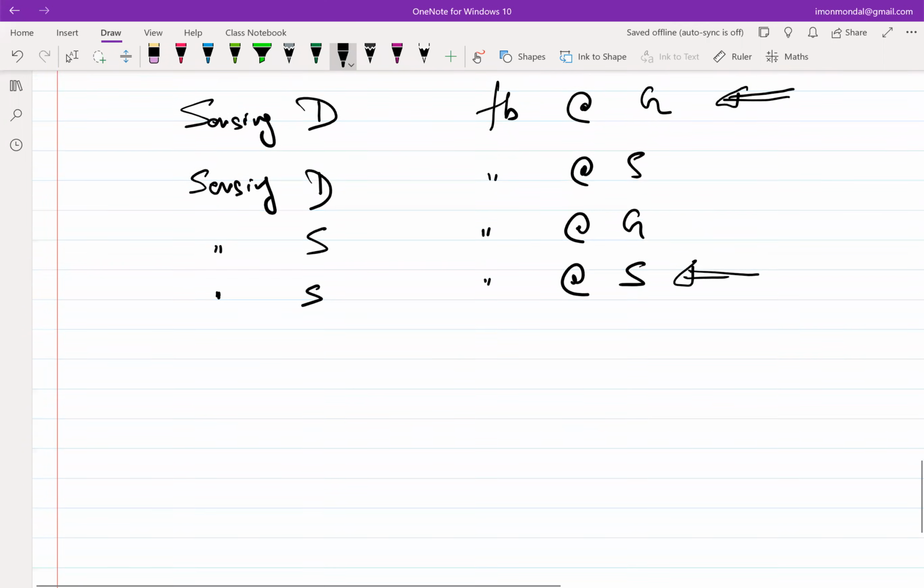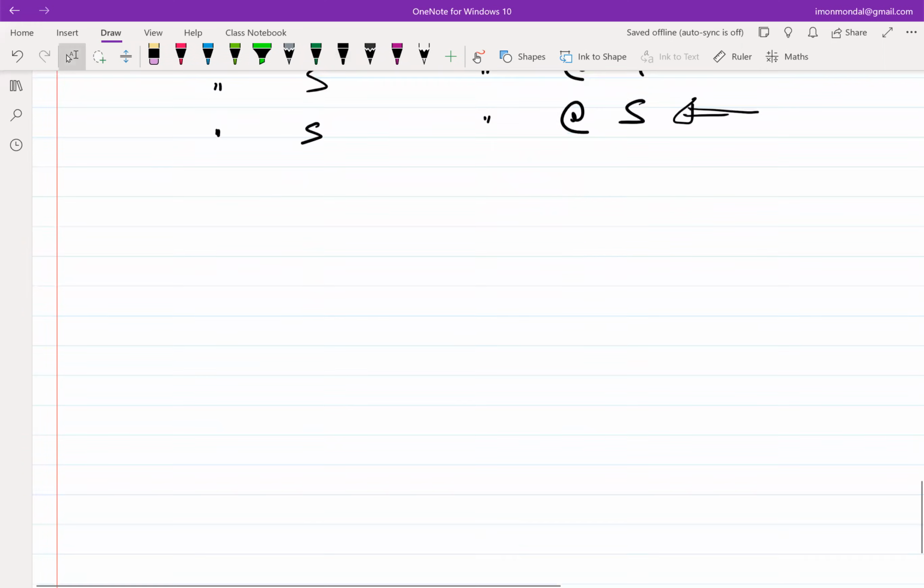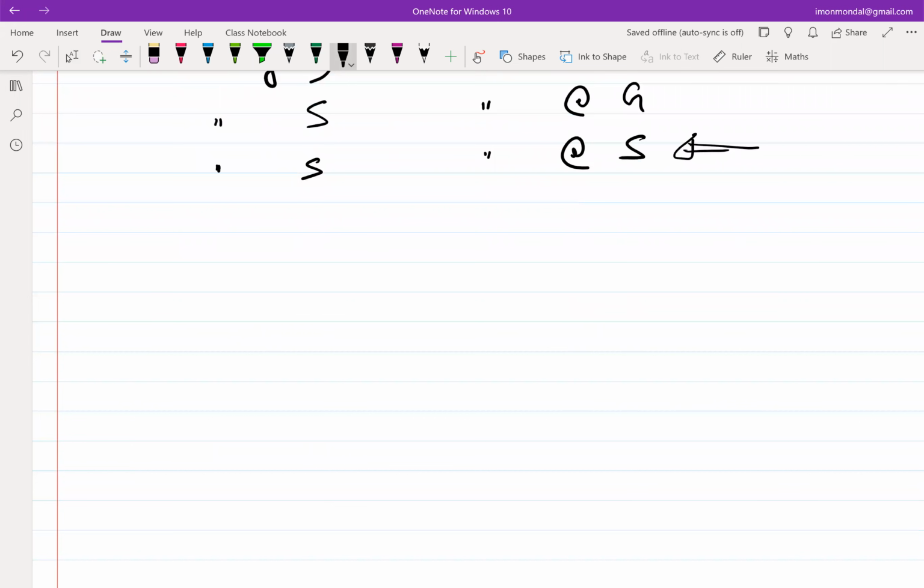So when I say sensing at source, what I mean is that the current source has been applied at the source. The case that we did before had the current source applied at the drain, but in this case, we'll try to bias using the current source at the source.